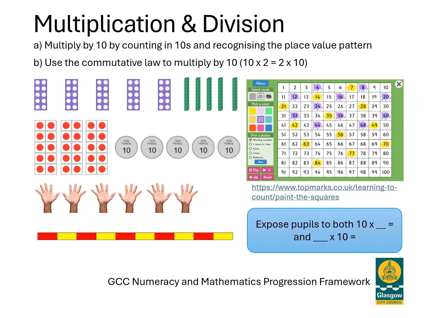So when they get further up the school, they may struggle to become fluent with the less pattern-based times tables like the 6s and the 7s, but if they already know the 10 times table, the 2s, the 5s, potentially their 3s and their 4s, they actually know many of those parts of the 6 and 7 times table, as long as they are very confident with that commutative law and can spot the part of the calculation that they're most comfortable with. So we want to introduce that early on and make them aware that 10 times 3 is just the same as 3 times 10.